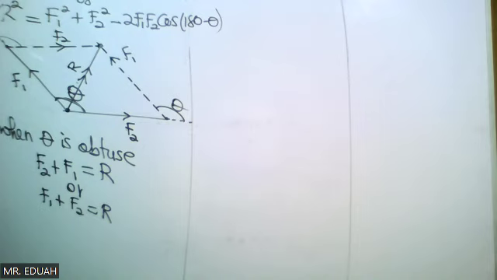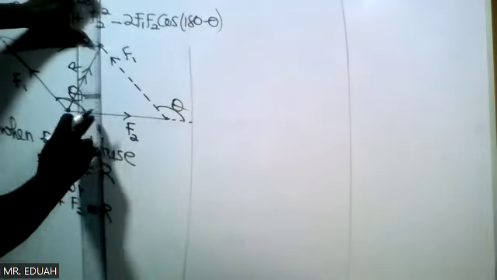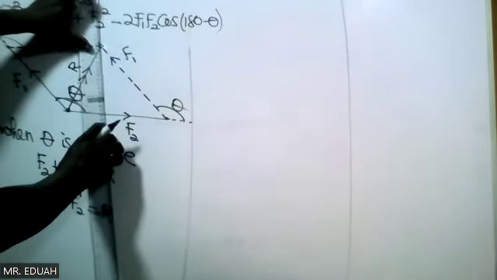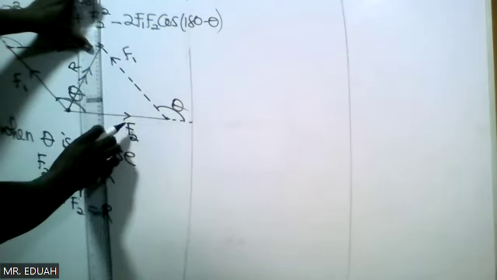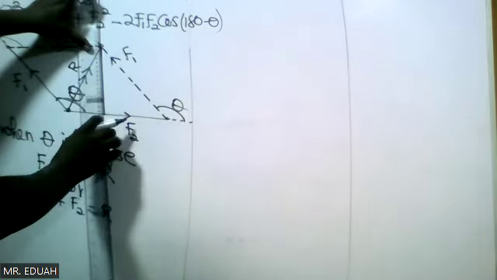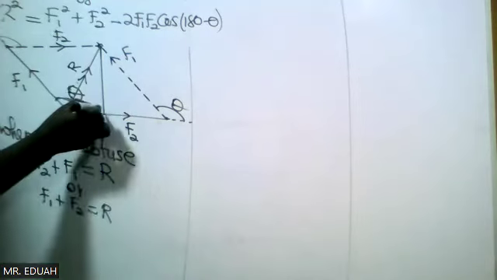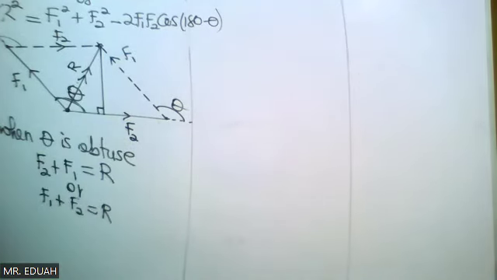All right. Now, we want to determine the resultant using Pythagoras theorem. So what we will do is draw a perpendicular line to this force. This line is perpendicular to the force F2.